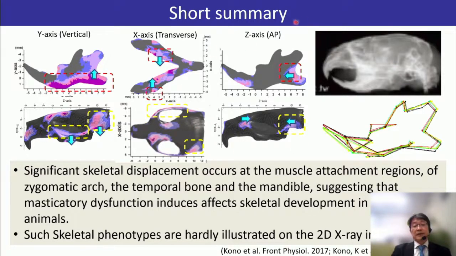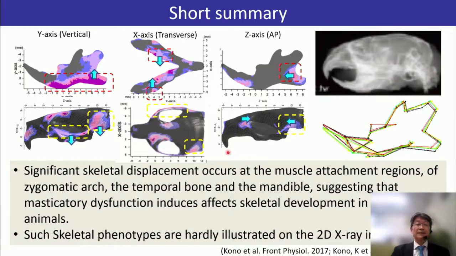In the mandibles, these notch regions moved in these major directions. In the maxilla, the anterior portion of the zygomatic arch, the basal portion, moved backward. In contrast, the temporal bone regions moved significantly in the anterior direction.